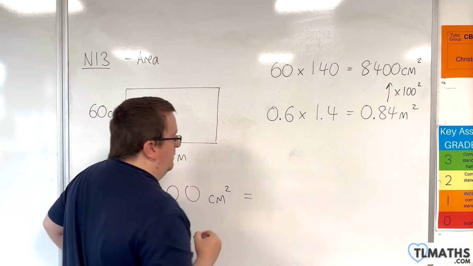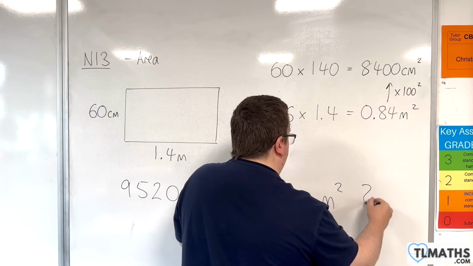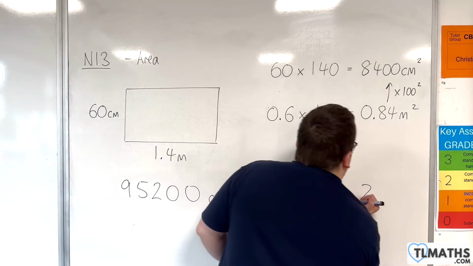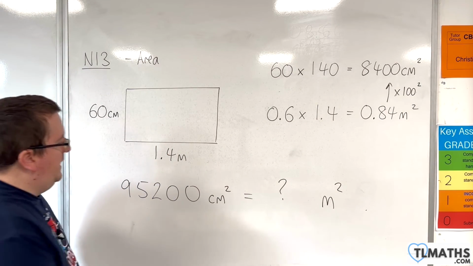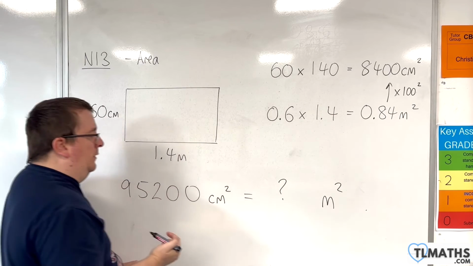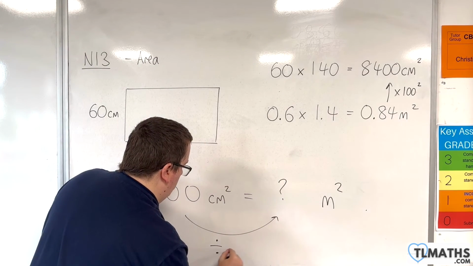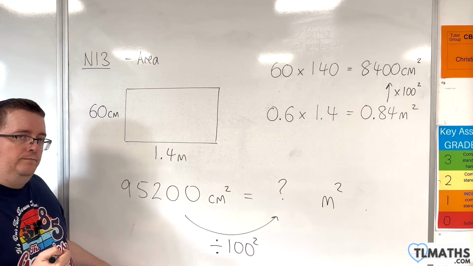What is that in square metres? Let's put the question mark here. Well, what I need to do to convert from square centimetres to square metres is to divide by 100 squared.